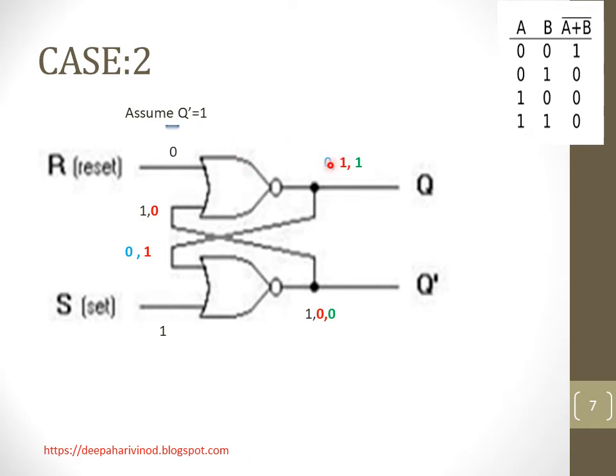So that 0 comes here, again 1 0, it is 0. So 0 goes there, and 0 0, it is 1. Now that 1 comes here, and 1 1 it is 0. See, you can see here it is 1 and 0 as the output. When S is equal to 1, whatever you assume in the previous state, the corresponding output Q will be set to 1. That will be the output.